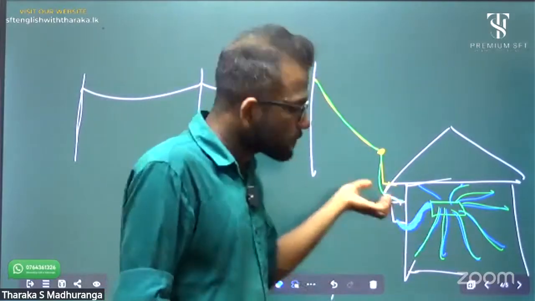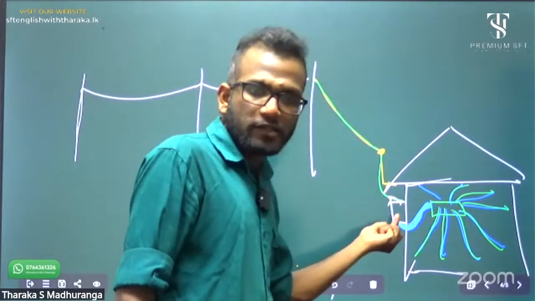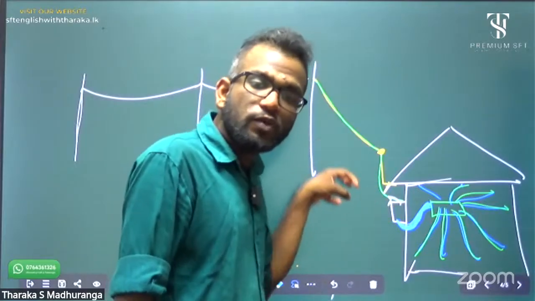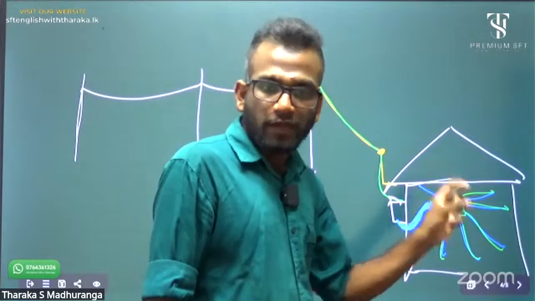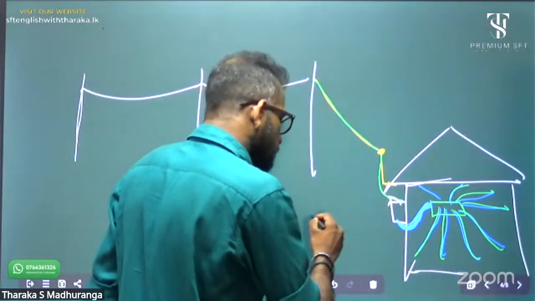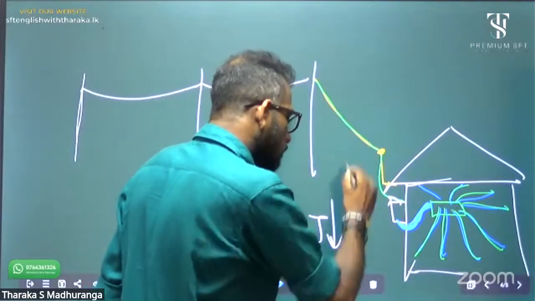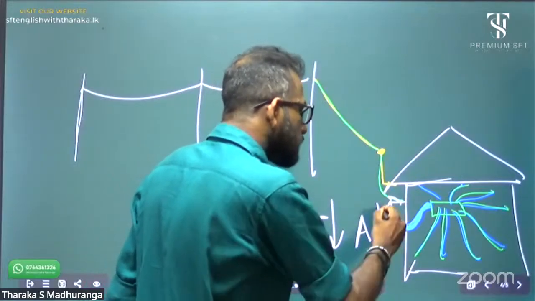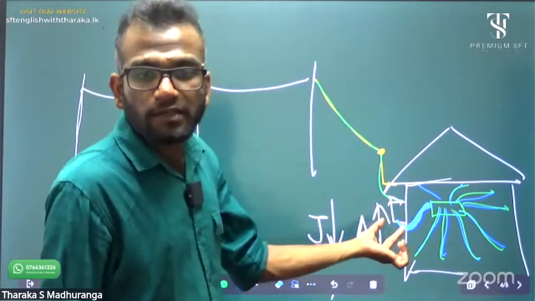Up to the fuse box, this line carries a huge ampere value. That's why, to reduce the current density, we increase the cross section area, the thickness.